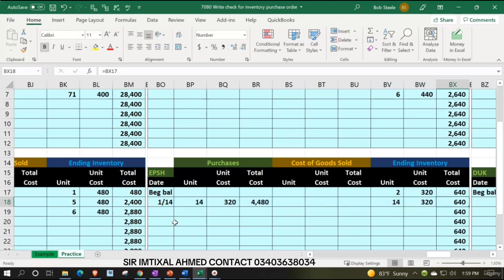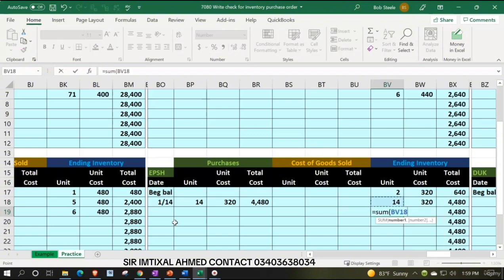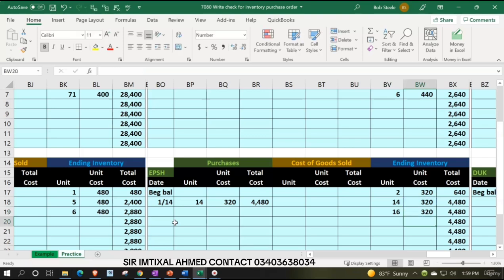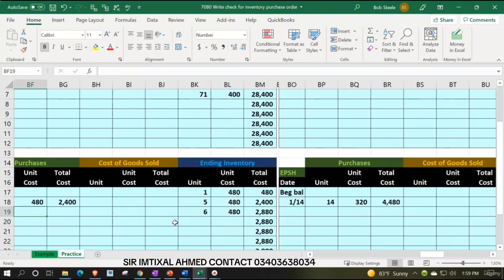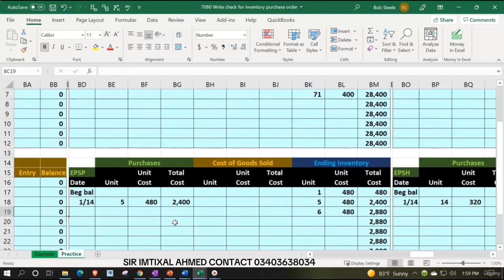We've got another 14 at 320, so 14 times 320, summing up the 14 and the 2, gives us then total units of the 16, still at the 320. So now we got 16 times 320, or 5,140. Okay, so I know that's tedious stuff right there, but now we could say, okay, so how much did we actually purchase?